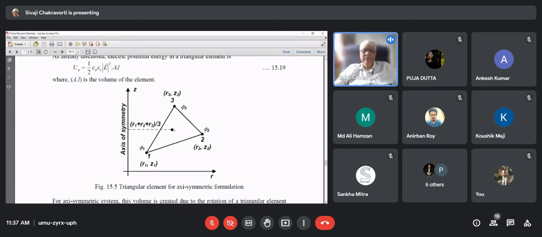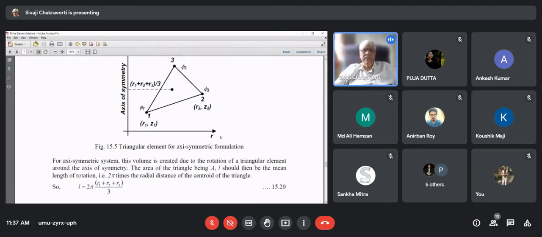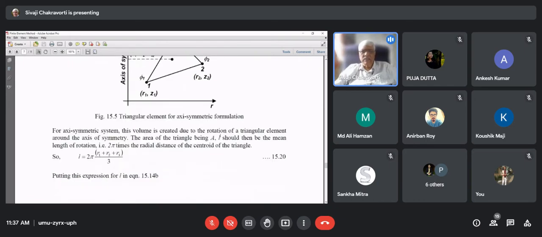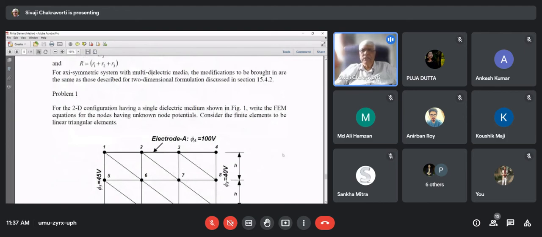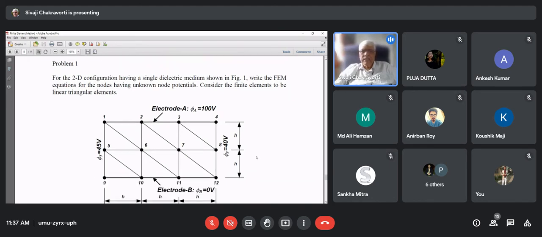So you can see the beauty of this derivation. That's why FEM is today, in fact, all pervasive. Wherever you will be using any sort of computation, I am sure in no less than 80% of cases, you will be using FEM.